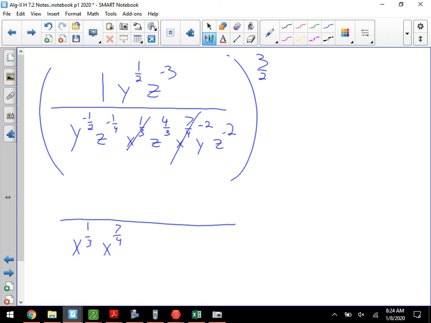Okay. Now I'm going to move my y. I already have a y to the half up top. Took care of it. My other y to the half goes up. My other y squared goes up. I have a z to the 4th and a z squared goes up, and a z to the 3rd goes down.